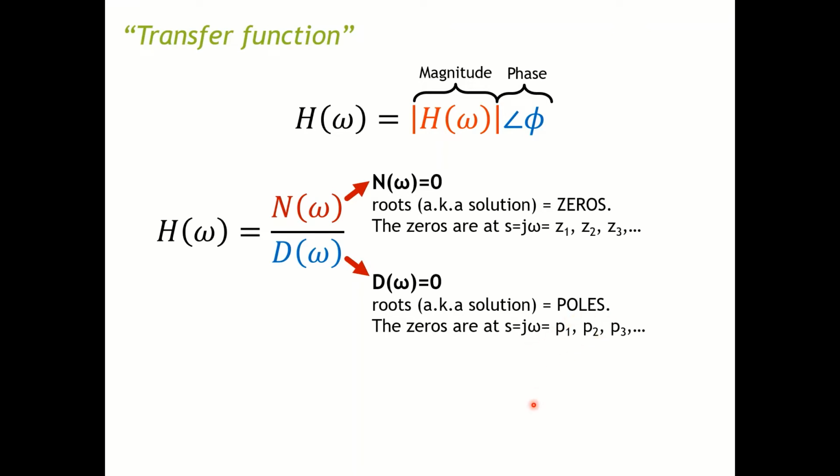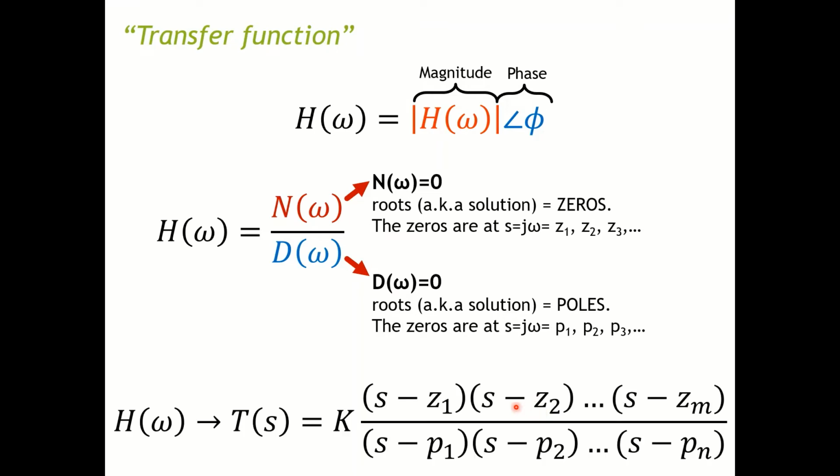Some of you are asking me what Z1, Z2, Z3, P1, P2, P3 are, so I can show you here. This is a generic transfer function, T(s), or I can write that in the frequency domain, which is H(omega). This can be equal to, you can factor out a constant K. Then you can write your numerator like this.